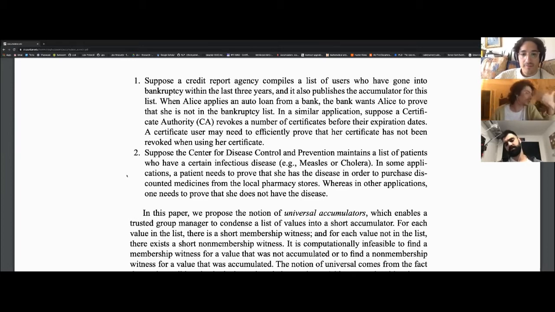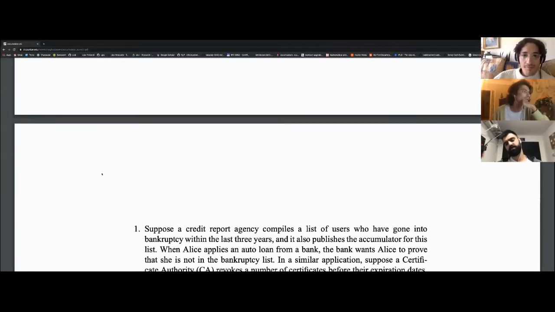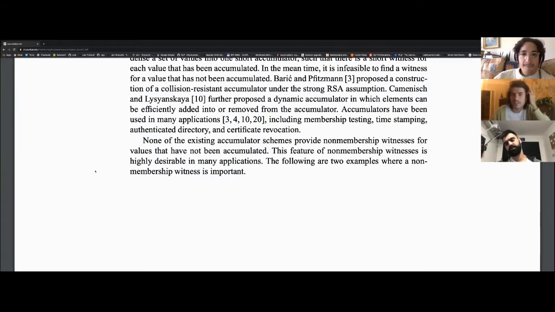But they also construct a zero knowledge proof for these non-membership witnesses, which is something you can do with these accumulators, especially RSA accumulators or elliptic curve pairing accumulators.